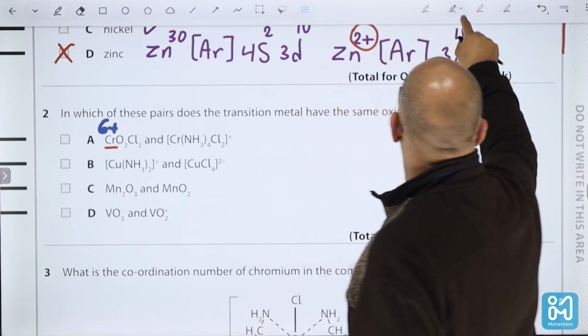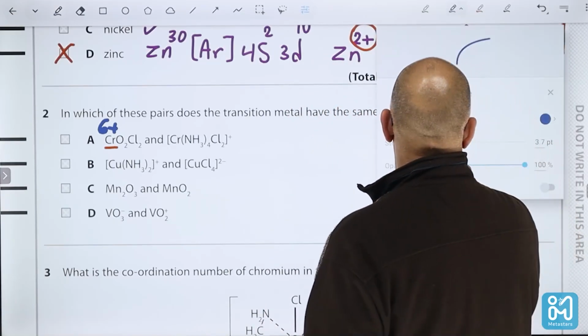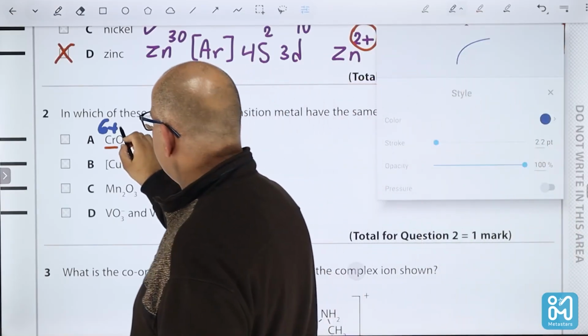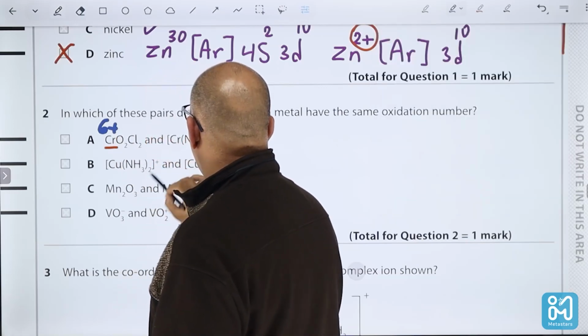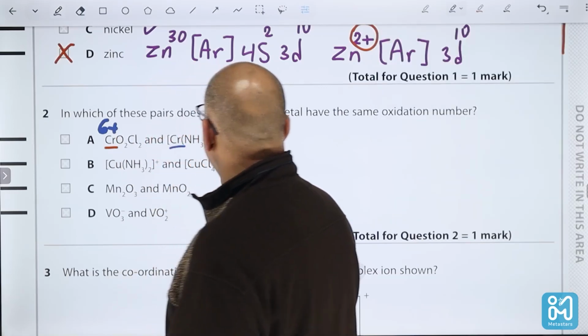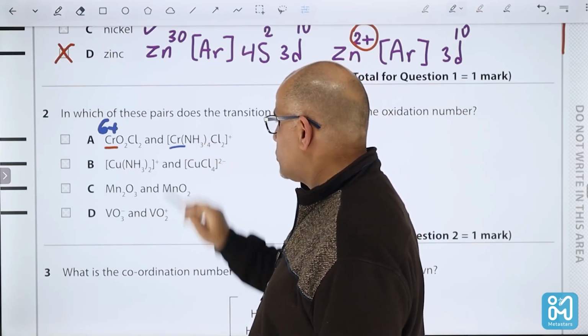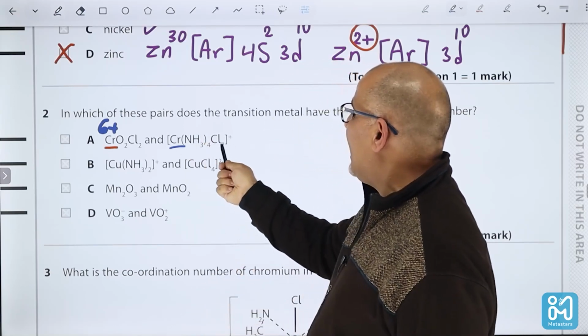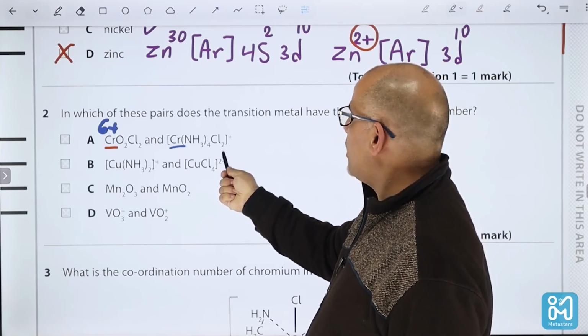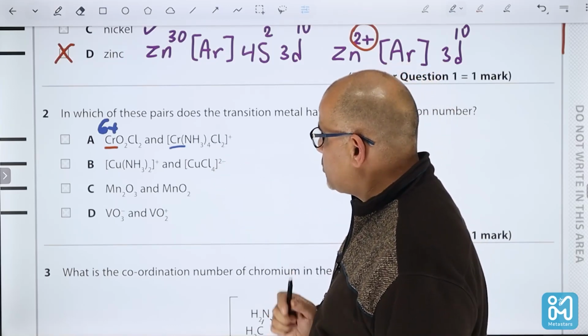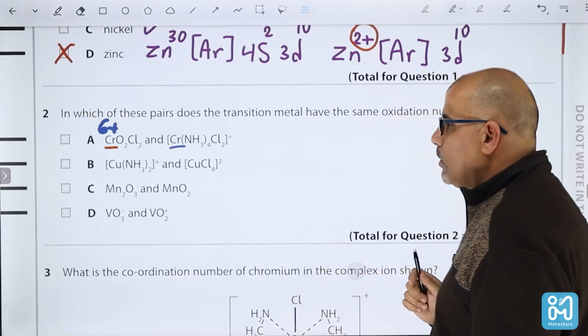So chromium has a positive 6 oxidation state. For the other one, ammonia is neutral, and the chlorides are 2 species with negative 2.